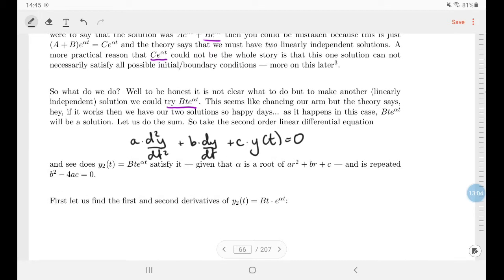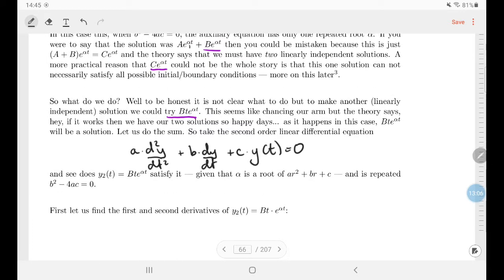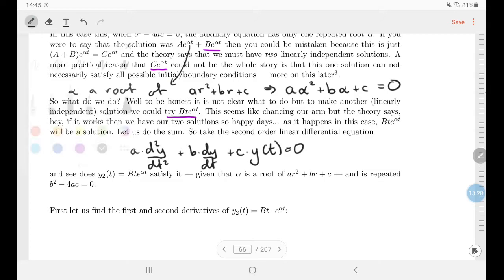This alpha is a root of the auxiliary equation, which is aR squared plus bR plus c, which is to say that if you substitute in R equal to alpha, you get 0. So a alpha squared plus b alpha plus c is equal to 0. We're going to be using that afterwards.